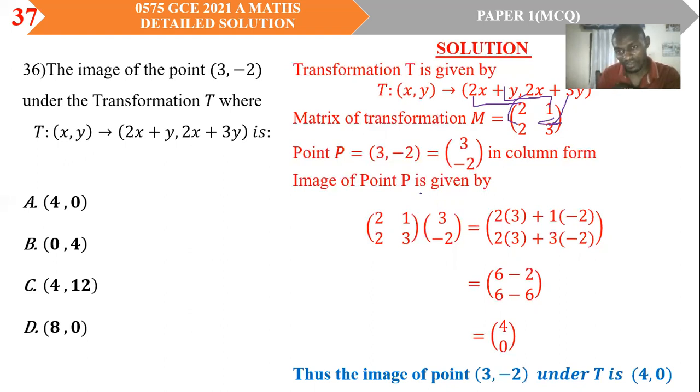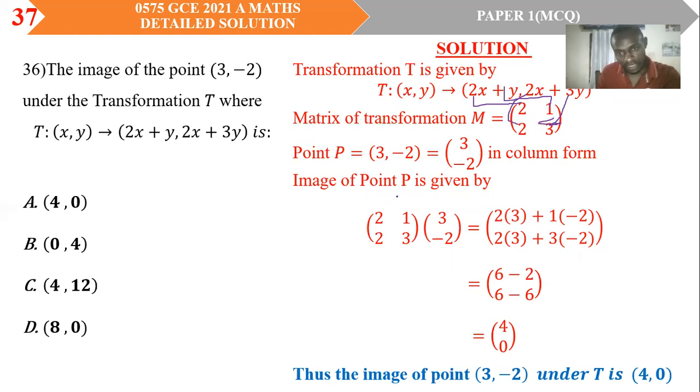That's how we get the entries. Now, in this case, point 3, -2 will be transformed into a column, because to multiply points by matrices, we need to transform the points from row form to column form.